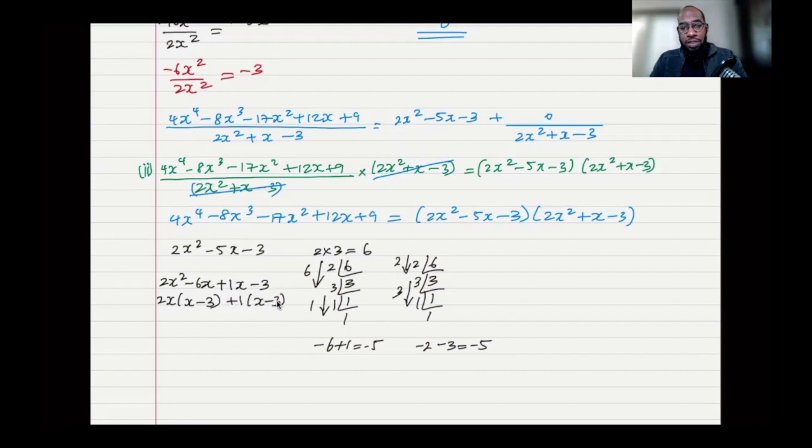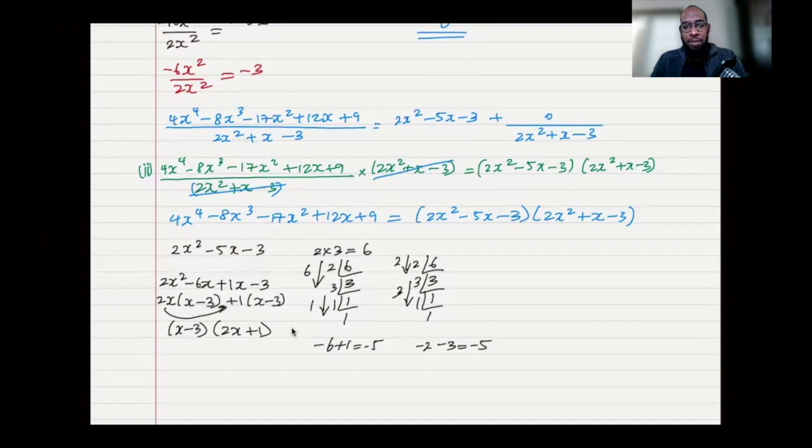Now, since we have same terms inside here and inside here, we know we are correct. So from that, you write down x minus 3, and I group these two terms, 2x plus 1. Right, so we know that this will work out because we have the same terms inside of here.